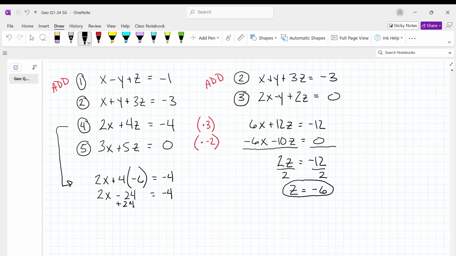Add 24 to each side. And 2x is equal to 20. And divide both sides by 2. So we get an x that's equal to 10.